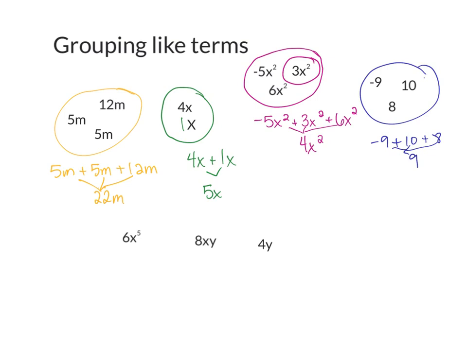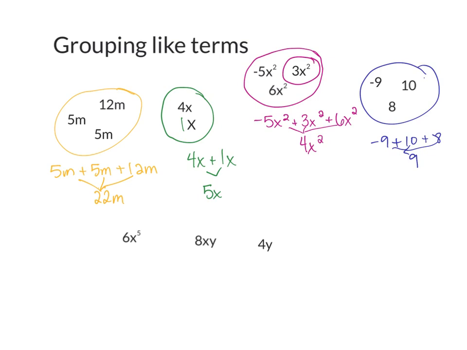And here again, I can't do anything with these except for just drop them down and put them with my overall expression. So I'm going to write in no real important order.